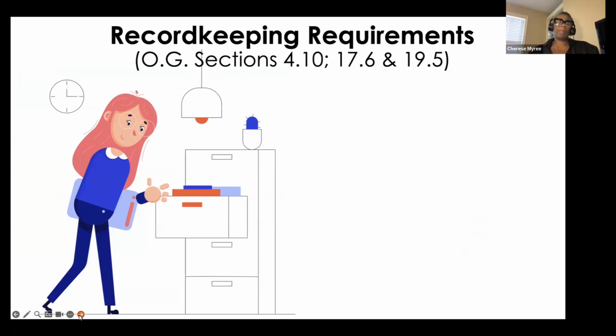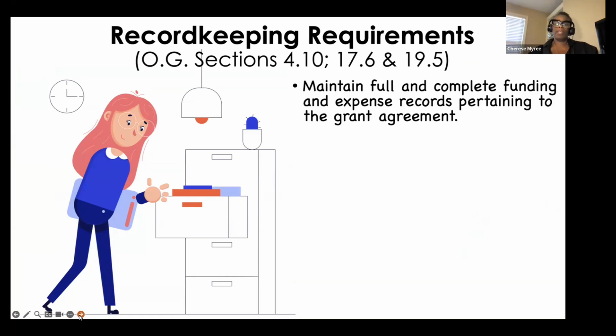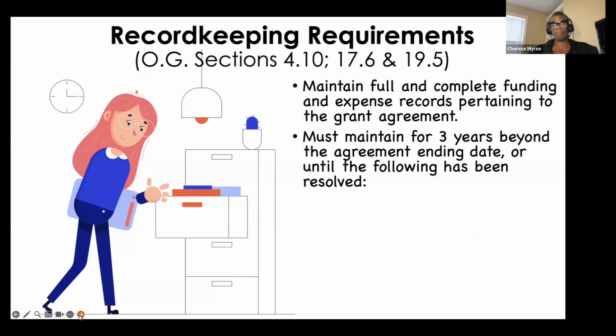So the record keeping requirements as it relates to Georgia Pre-K are outlined in the operating guideline in several sections, sections 4.10, 17.6, and 19.5. And so, what these record keeping requirements say is that you must maintain full and complete funding and expense records pertaining to the grant agreement, your grant agreement that is signed between DeKalb and you as a pre-K provider.